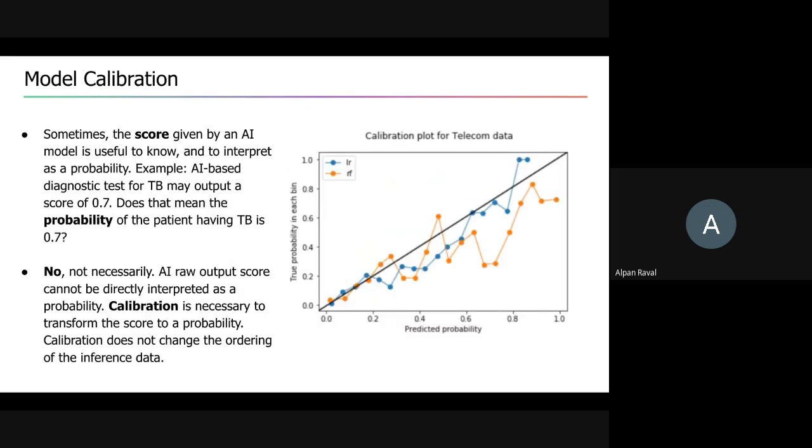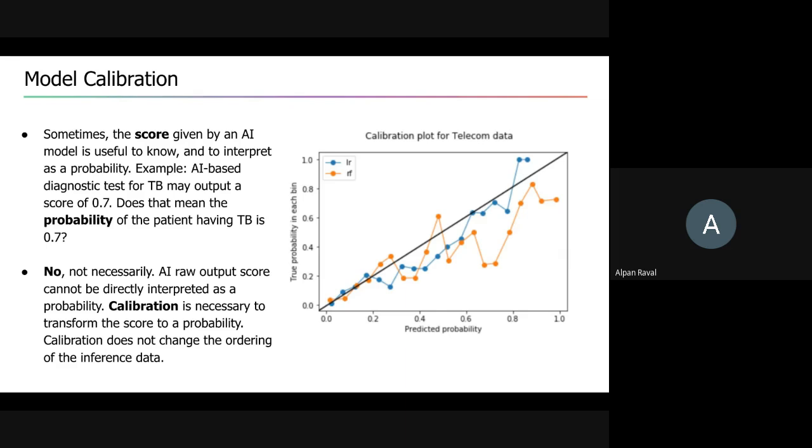Now, there's a related topic, which we won't come across very often, but since we are discussing this whole issue of AI outputting a score at an operating point, I thought I should bring it up, which is the topic of model calibration. What do we do with the score of an AI model?